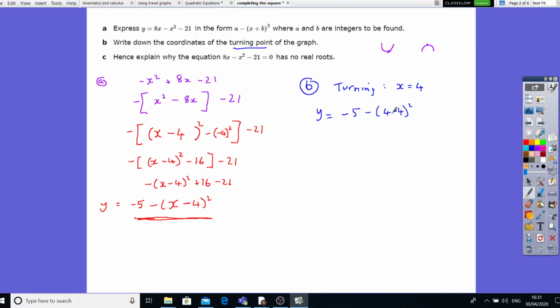Now 4 take away 4 is 0, 0 squared is 0, so y would just equal minus 5. And because we want the coordinates, we can just say the turning point of the graph is at (4, minus 5). That is the turning point.